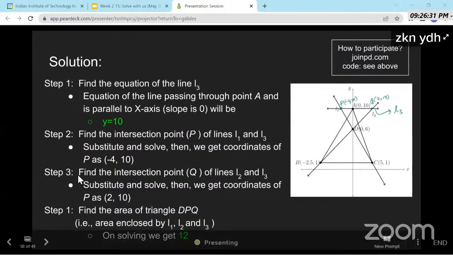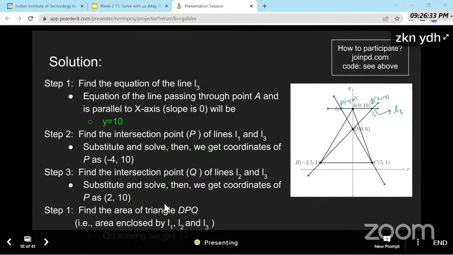Okay. So there is again a typo here. I've written step 1 again. Have repeated it. So no problem. So let's see here. Now we got the line L3 and we find that y equals 10. Now if you want to find out the intersection, that gives (4, 10).